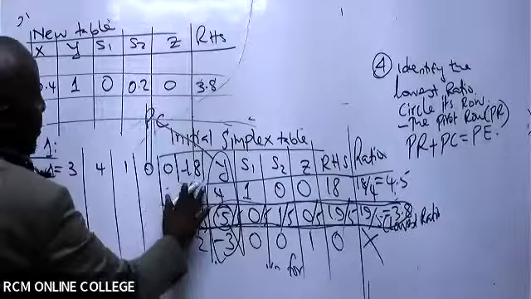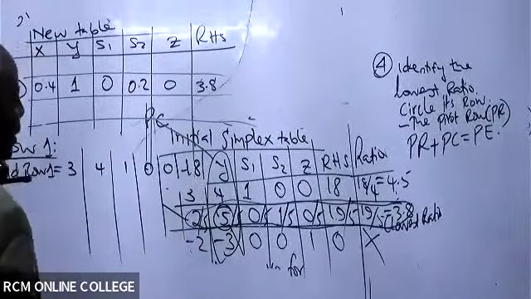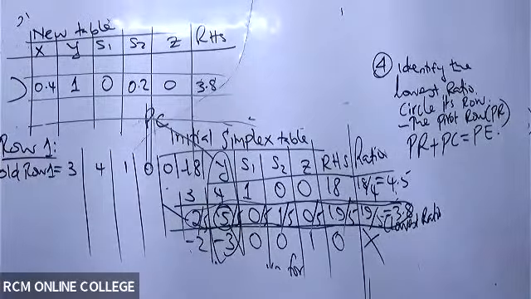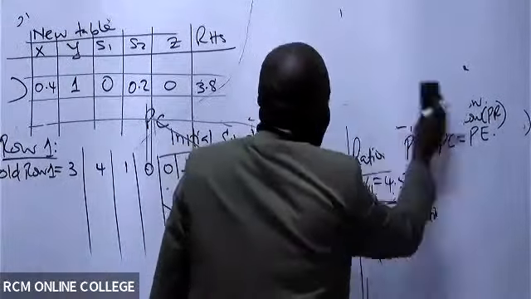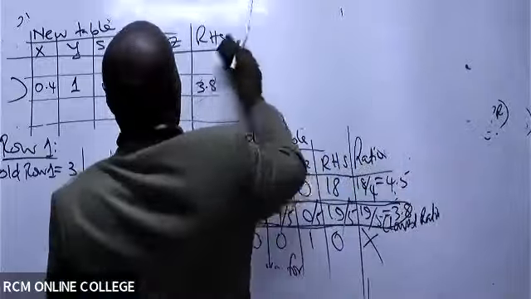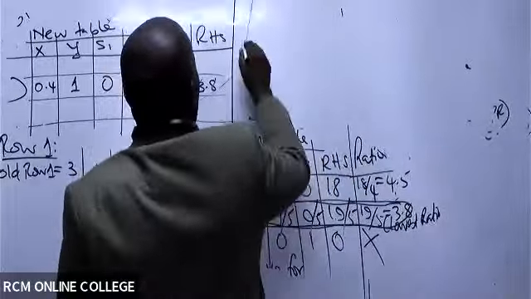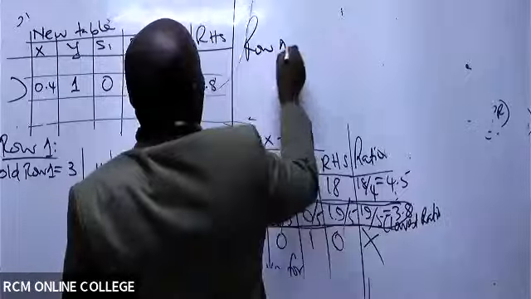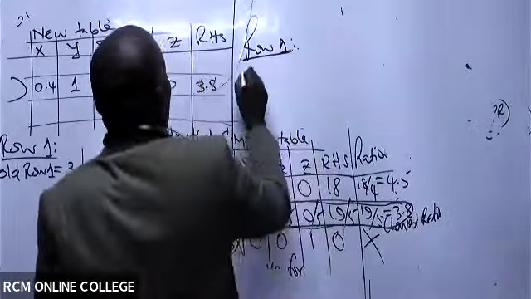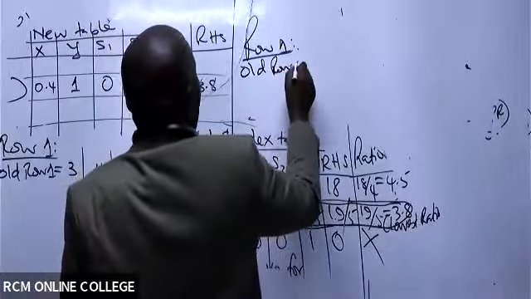Let me get a better place to write. So in this case, I'm doing a working for row number 1. We have the old row 1.